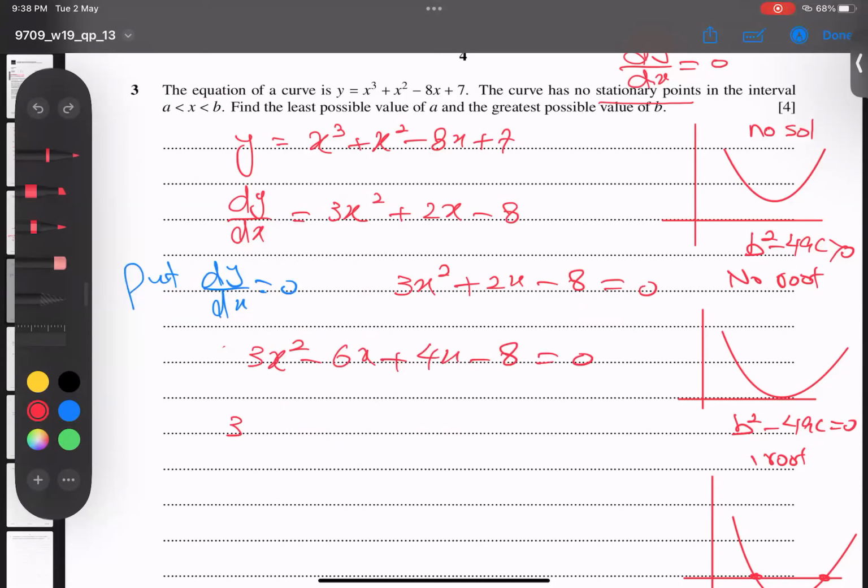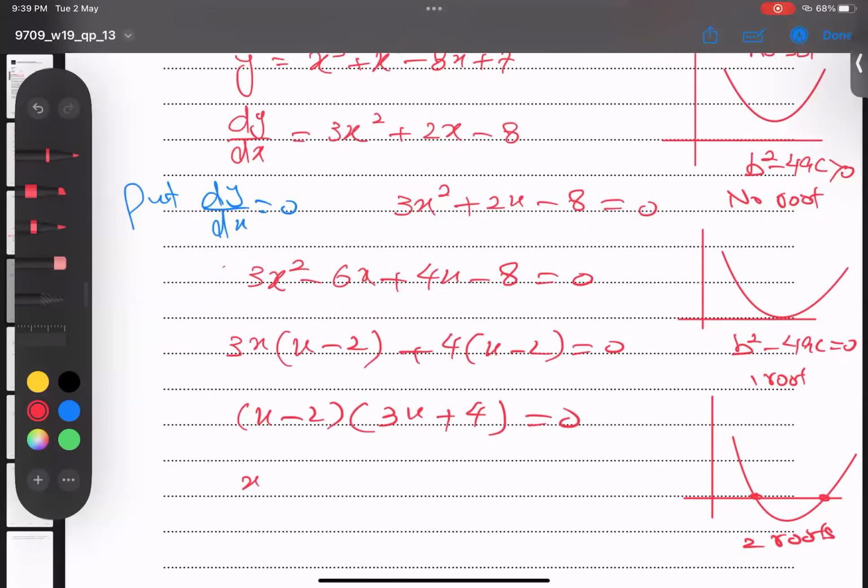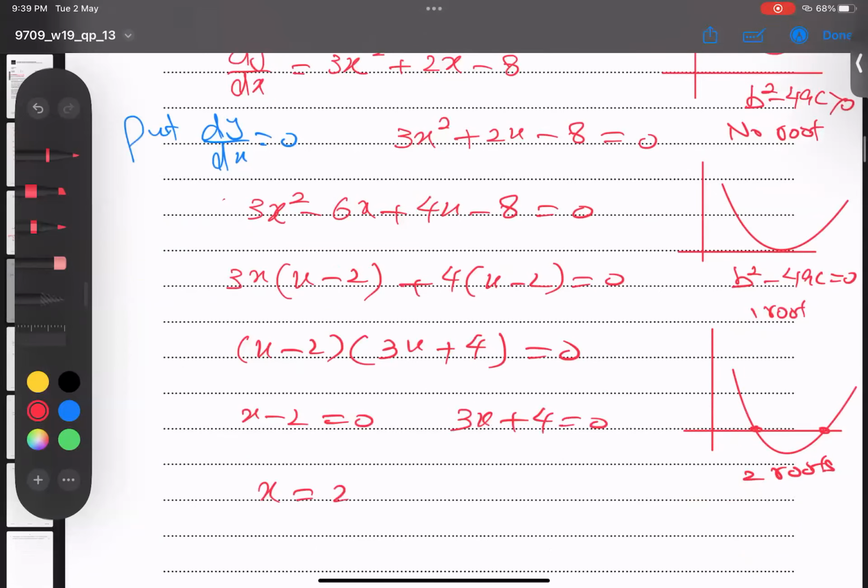So 3x common, x minus 2; 4 common, x minus 2. So we get x minus 2 common out, I get 3x plus 4 equals 0. I get either this part equal to 0, one option, or the second part equal to 0, second option. I got x minus 2 equals 0 and 3x plus 4 equals 0, because he was asking us what those values are.